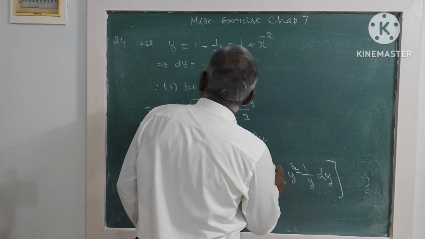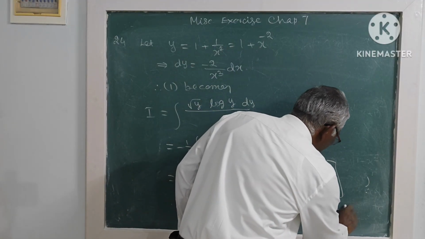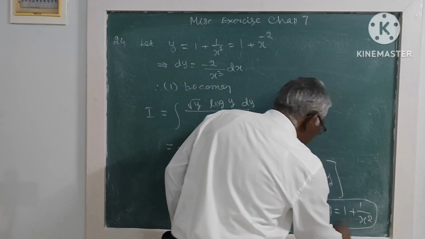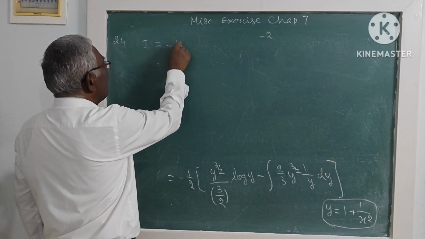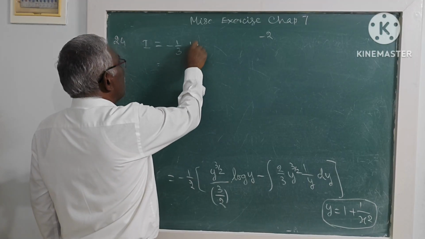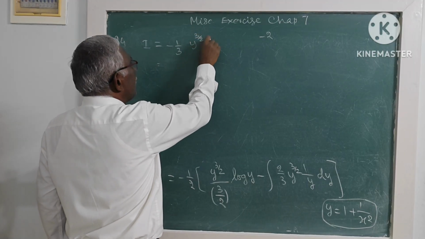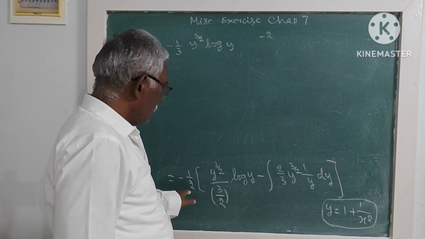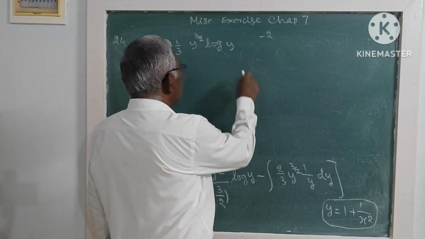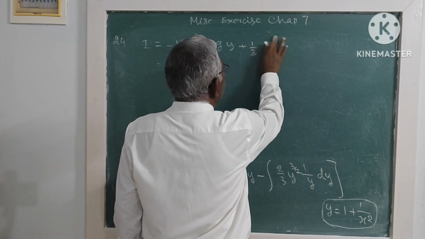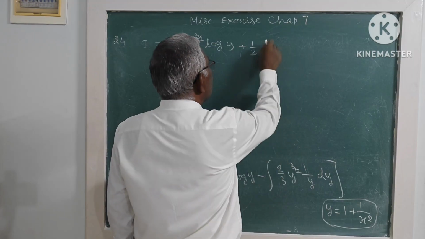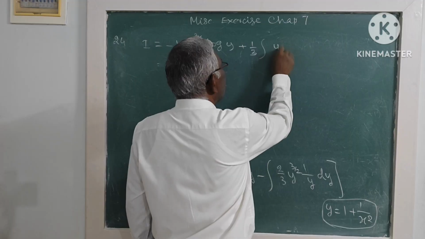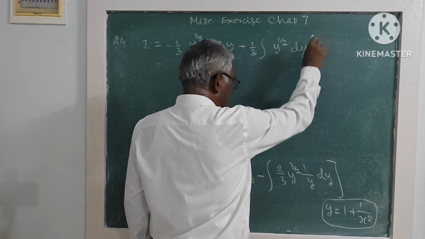Where we have to write y is 1 plus 1 by x square. Minus 1 by 3 y power 3 by 2 log y, minus into minus plus, 1 by 2 into 2 by 3 is 1 by 3. Then integral y power 3 by 2 by y is y power half dy.